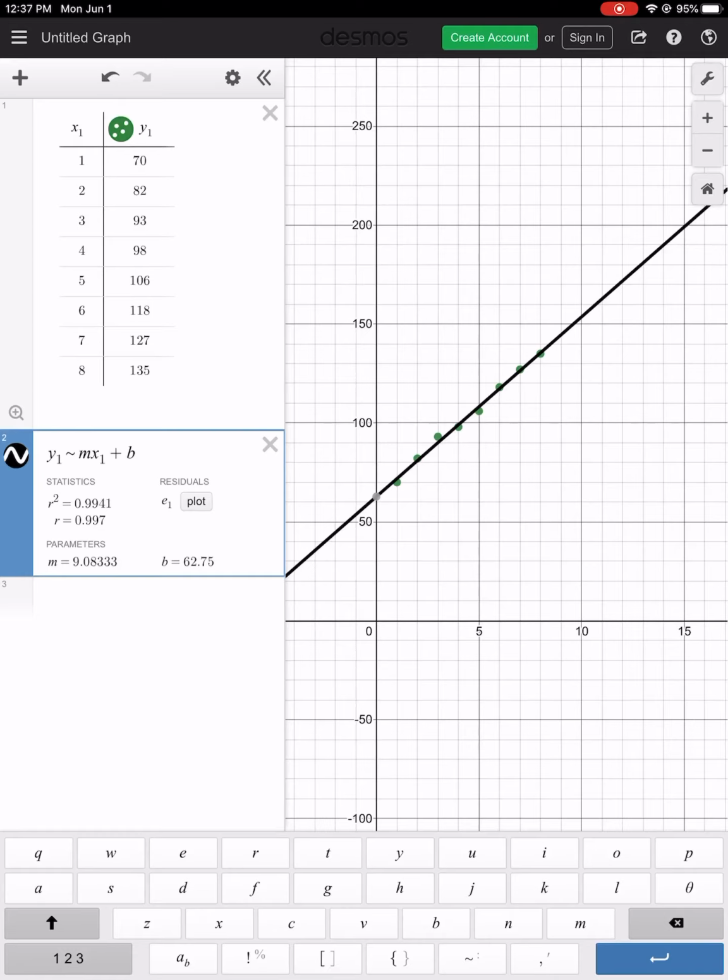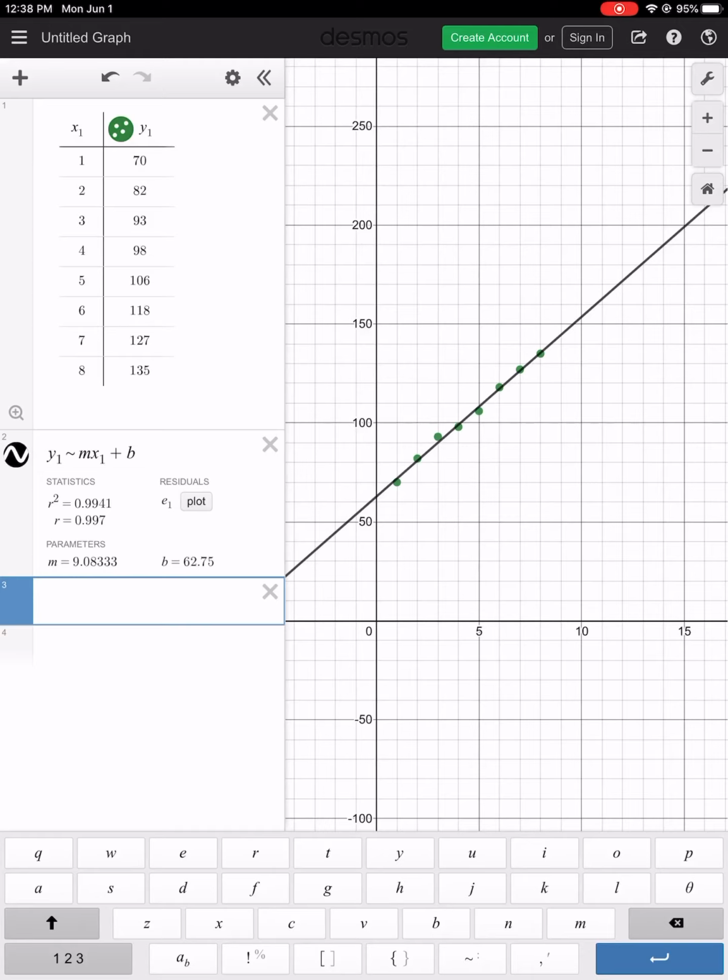Now, I can't draw on this and bring your attention, but look in the box above the one that I just highlighted. You see M equals 9.08333, and then B equals 62.75.